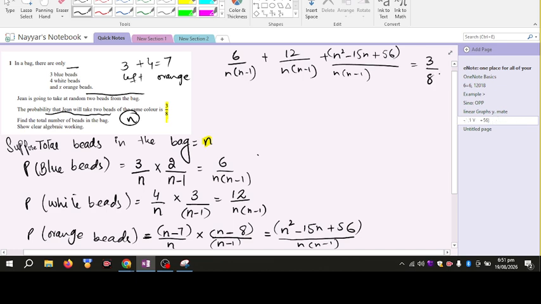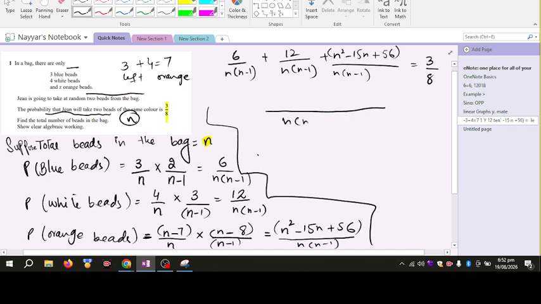Now we are just going to simplify it and we are going to find out n. You can see that the denominator is the same, n minus 1. So we are left with 6 plus 12 plus n square minus 15n plus 56. We are going to simplify it. What is 6 plus 12 plus 56?